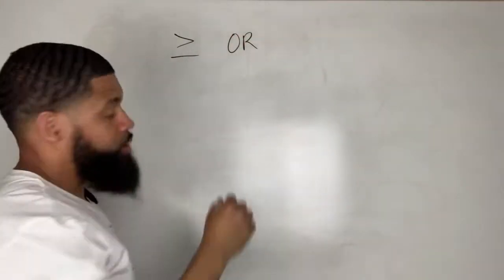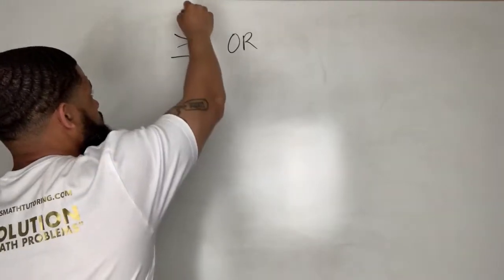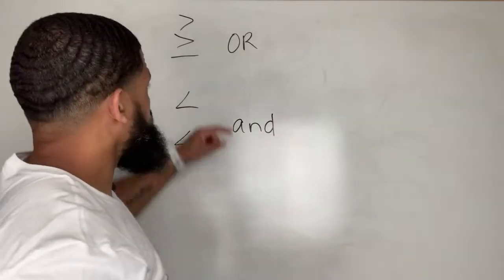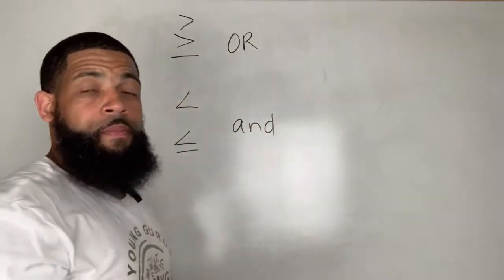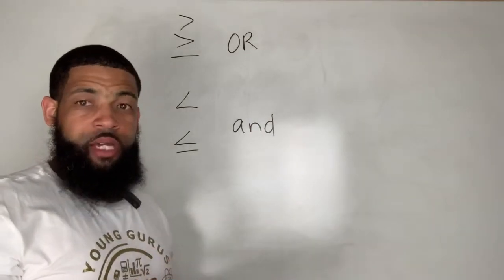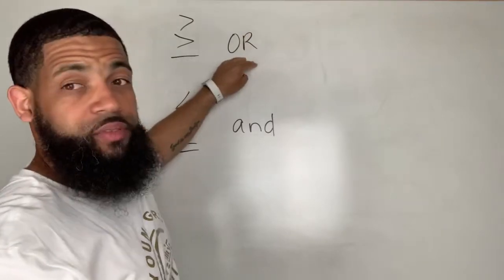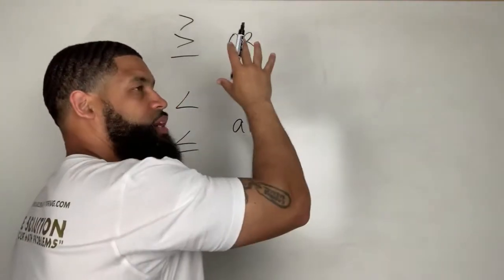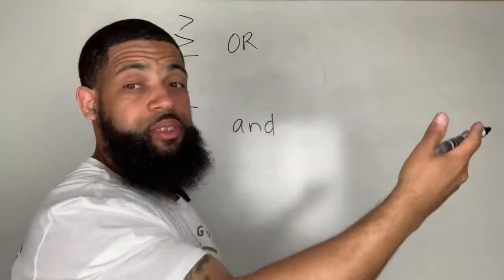The ones that have less than and less than or equal to, you're going to use and. Okay, so the difference would be when we have or, they're going to be the two separate absolute values. So if I have, like this last example, the absolute value of x is greater than some number, then I want to put x is greater than that number and x is less than the opposite of that number.